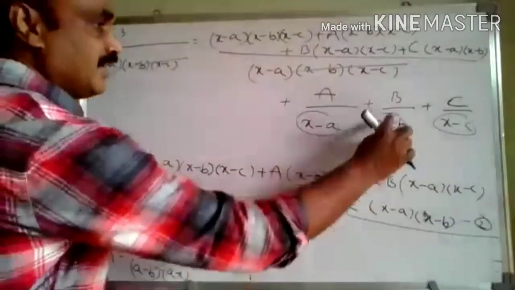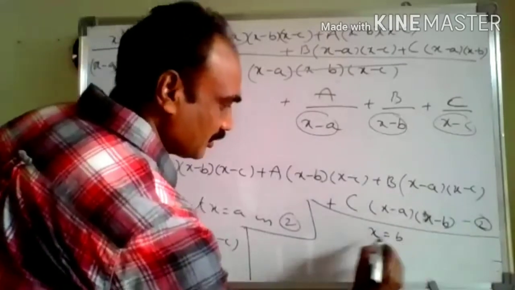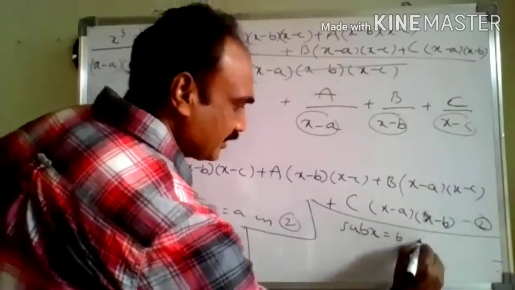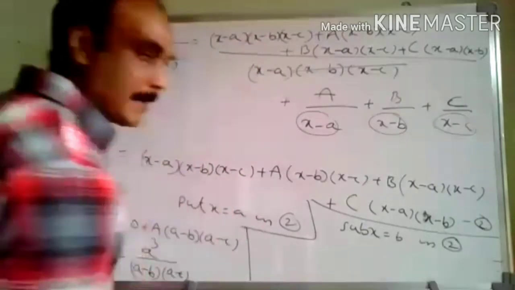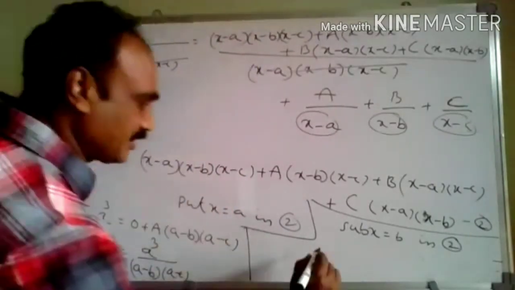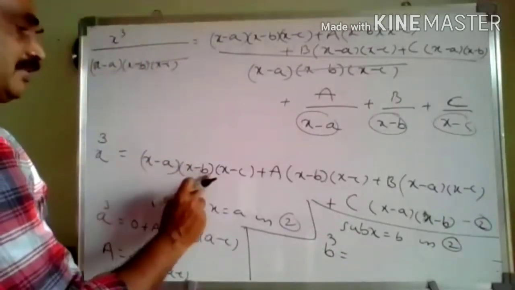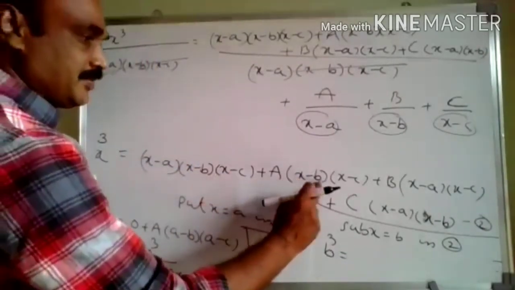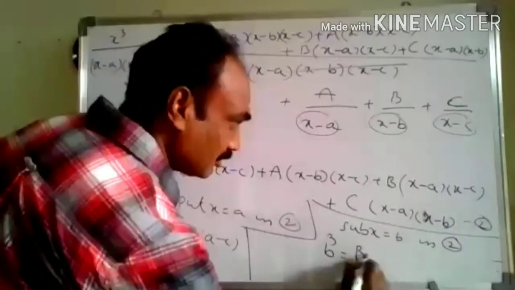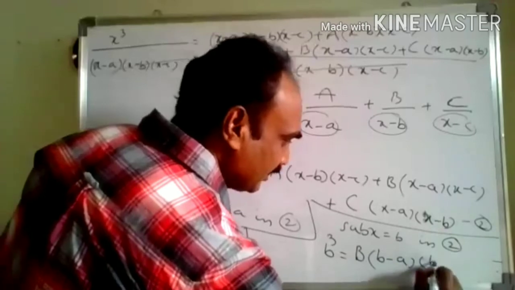Next, for B, x minus b is equal to 0, x is equal to b. Substitute x is equal to b in equation number 2. b cube is equal to, with x equal to b, b minus b is 0, plus capital B into (b minus a) into (b minus c).